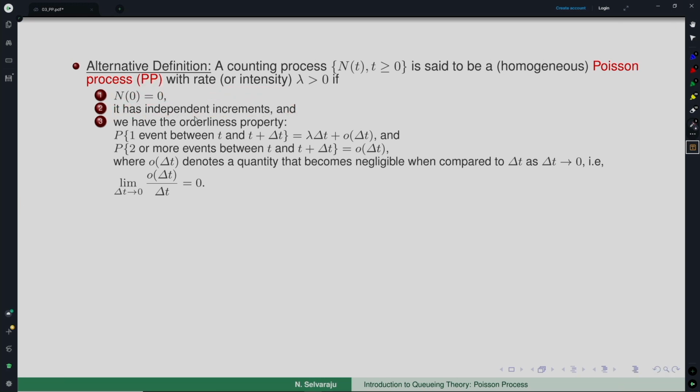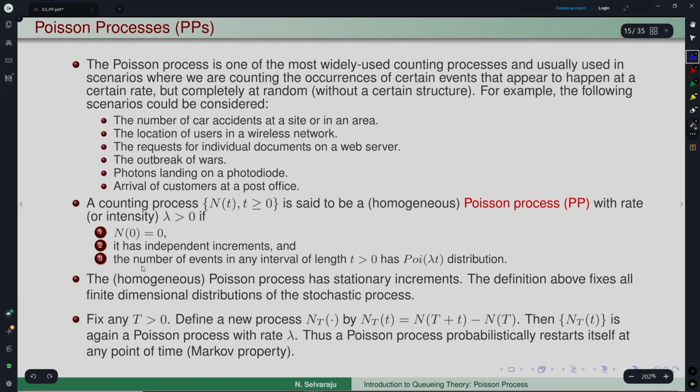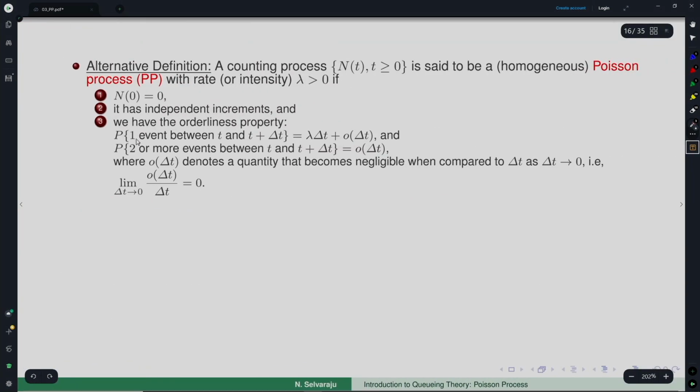Instead of the property that we have stated, that the number of events in any interval of length t has a Poisson lambda t distribution, you give this property: the probability of one event between t and t plus delta t is lambda times delta t plus order of delta t, and 2 events is order of delta t, 3 events order of delta t, so 2 or more events, the union itself, is order of delta t.